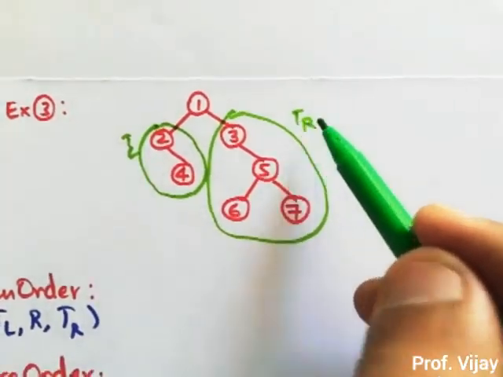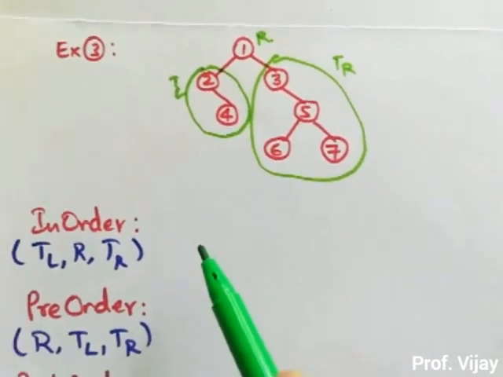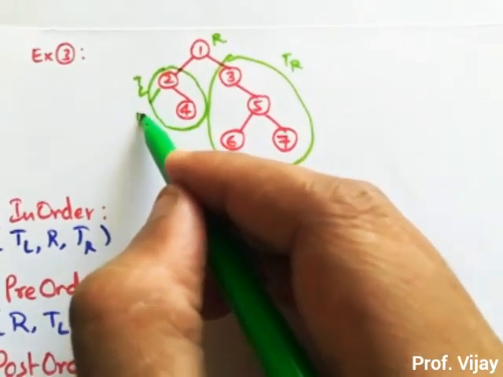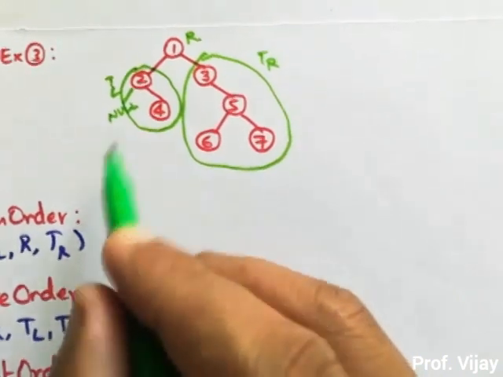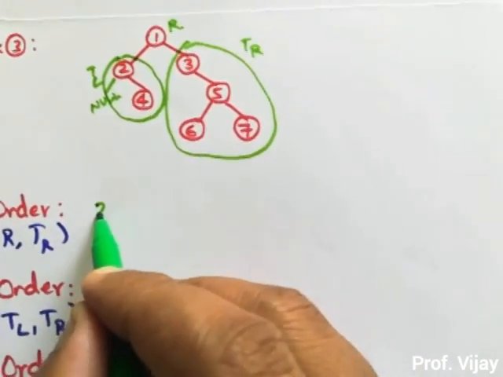First visiting the TL, it has no TL, so we don't print null. Print the root, which is 2.